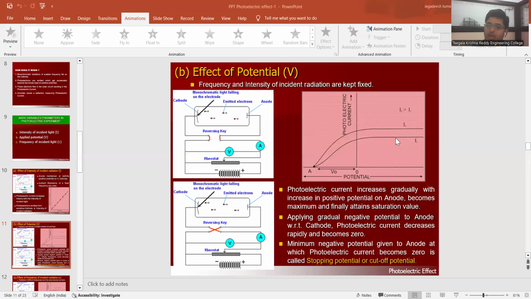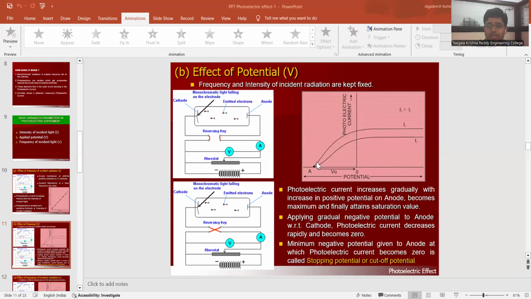After that, we apply a negative potential at plate B, and the current decreases. As we increase the negative potential, the current gradually decreases. At a particular potential the current is zero, and that potential is called the stopping potential.